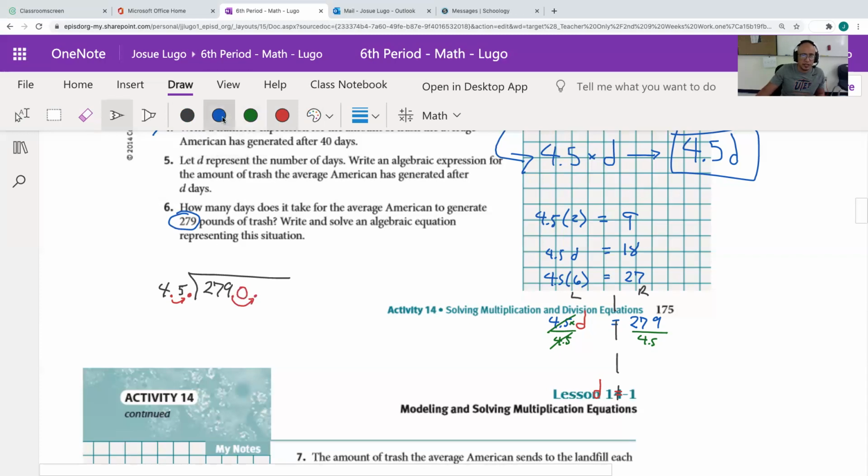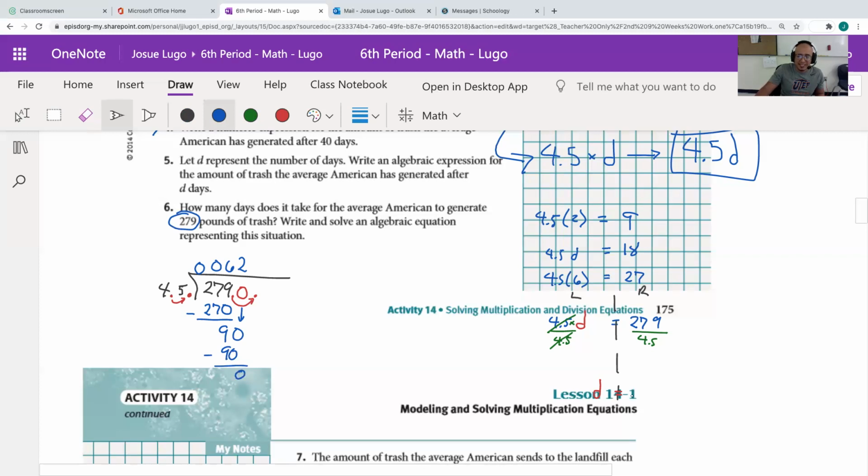All right, let's work this out. 45 cannot go into 2 or 27, but it does go into 279 6 times because 45 times 6 is 270. Let us subtract. 279 minus 270 is 9. Bring down the 0. 45 goes into 90 exactly 2 times. 45 times 2 is 90.